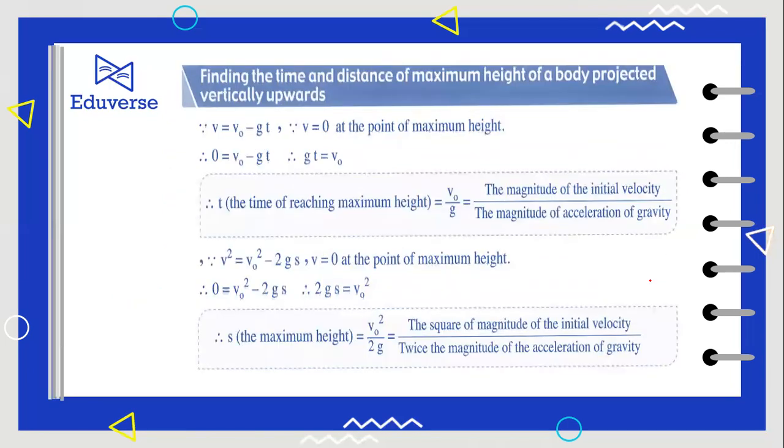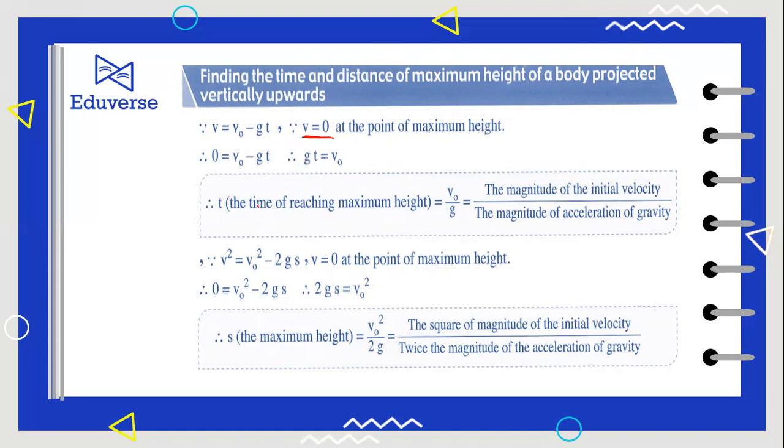The last thing here is finding the time and distance of the maximum height when projected vertically upward. If I take a body and project it vertically upward to reach the maximum height, what is the time taken to reach maximum height, and what is the maximum height? At maximum height, in general, V equals 0.